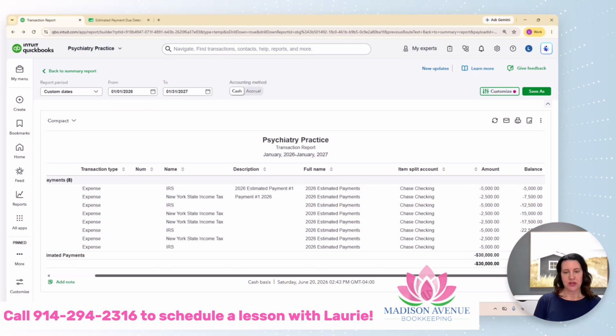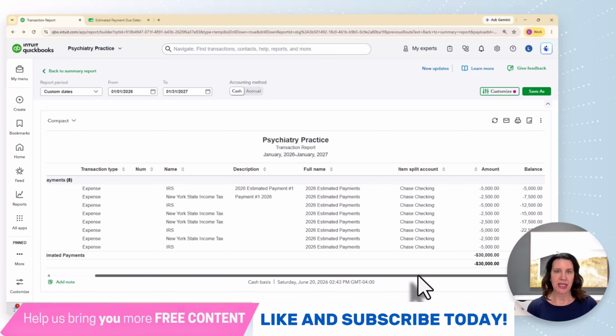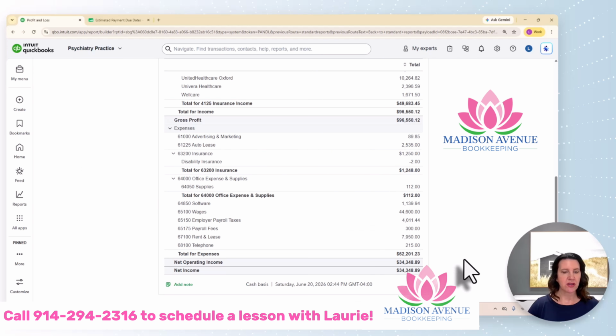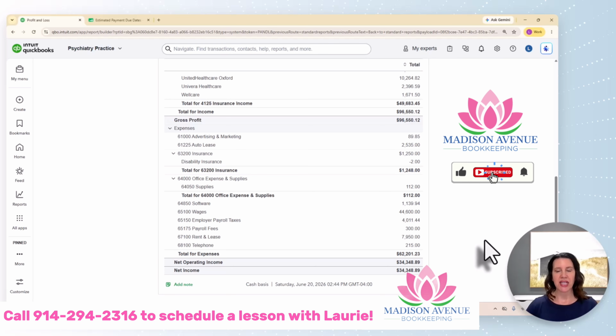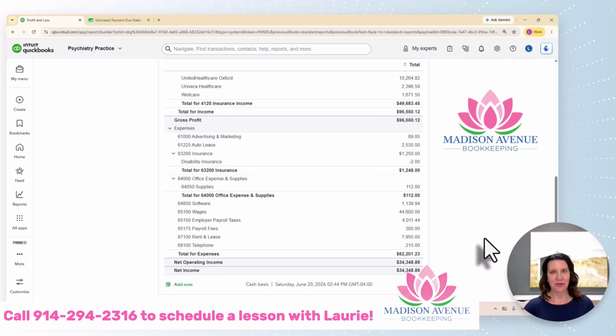This is how you should post your estimated payments inside your QuickBooks if the payment is coming out of your business bank account. Don't make it an expense. It's not going to be on your profit and loss. You are going to post this to the equity account, and each year you should make a new one, because in 2027 you're going to have that one January payment. That's why you want to make a new bucket every single year. It'll really help you out.